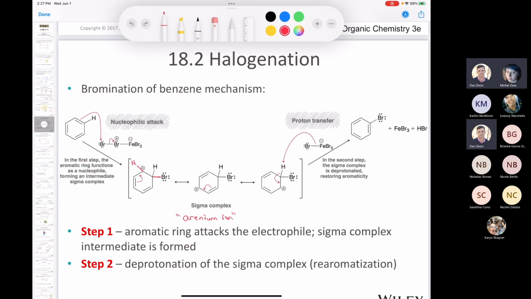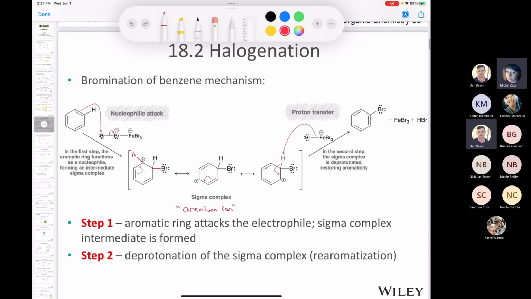And then we're left over with HBr and our Lewis acid catalyst regenerated. Our Lewis acid catalyst gets regenerated in the end, and that's why we call it a Lewis acid catalyst, because remember, a catalyst gets recycled over and over.